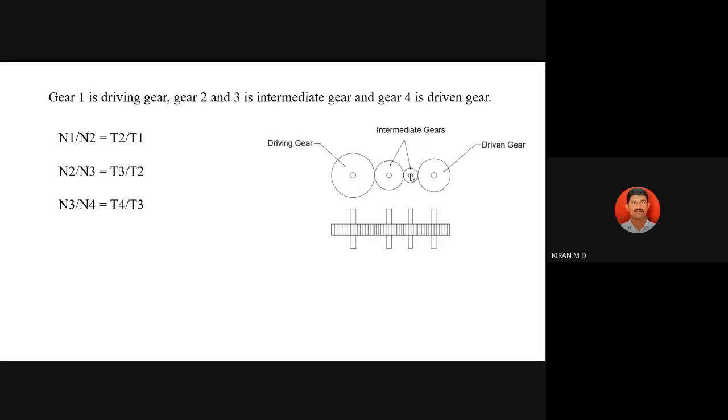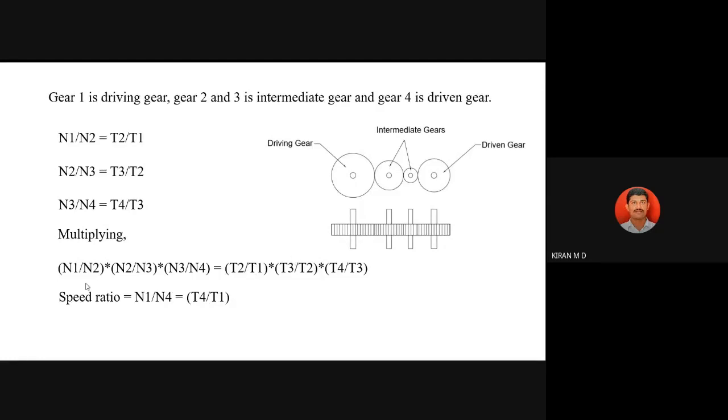Now to get the velocity ratio of the entire gear train, we are going to multiply all these three. Means N1 by N2 into N2 by N3 into N3 by N4 is equal to T2 by T1 into T3 by T2 into T4 by T3. By multiplying we can obtain the velocity ratio of the entire gear train.